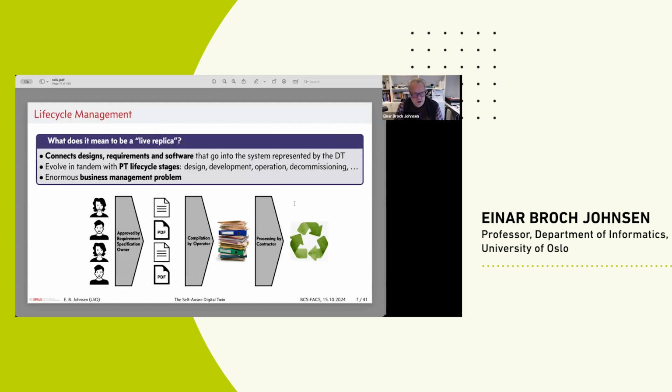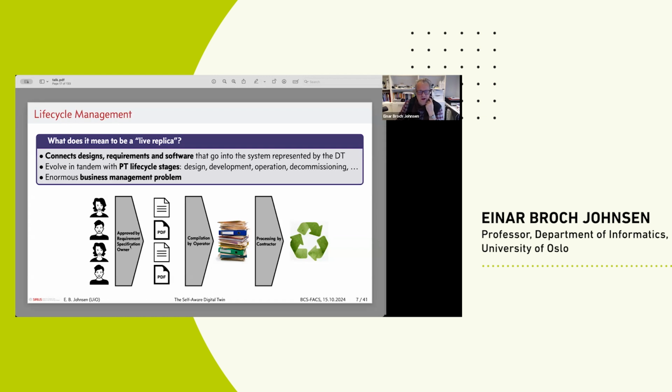So what does it mean to be a live replica? If you think in terms of engineering, there's a notion of a digital thread, which is tightly coupled with digital twins, which is about how to organize the lifetime of design documents, requirements, software that all go into the system that will be represented by the twin. So we can think about this in engineering terms as life cycle stages.